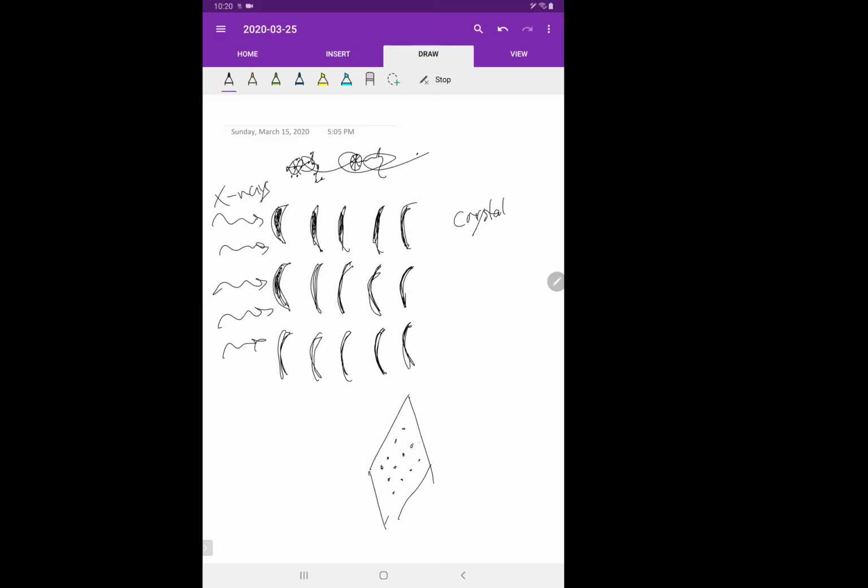And the small features here, if D is the spacing between the protein molecules, then this will be proportional to 2 pi over D in the diffraction pattern. Whereas the spacing between atoms, we'll call that A, the bond length, is going to determine whether this one is brighter than that one.